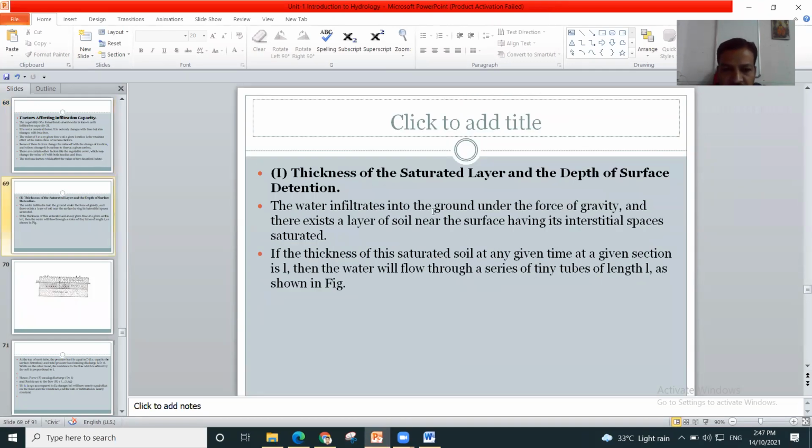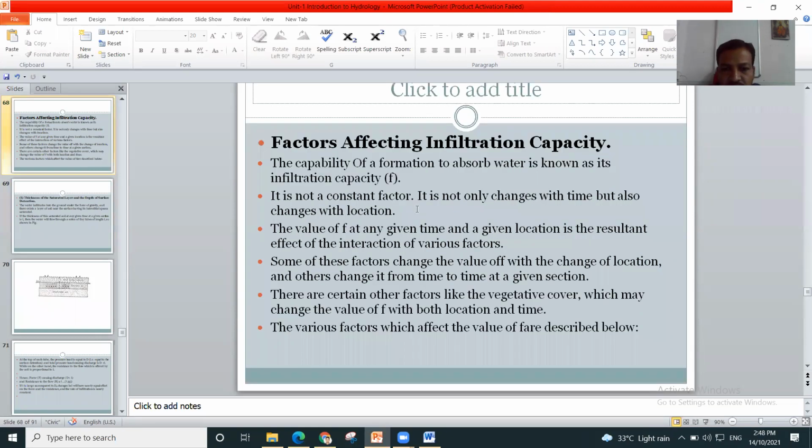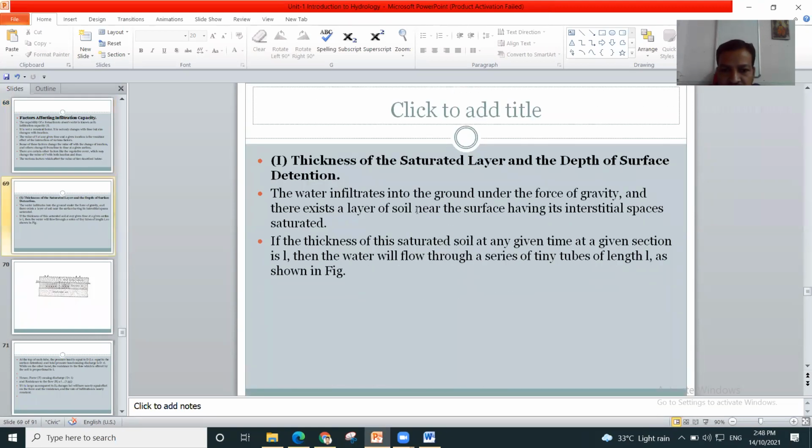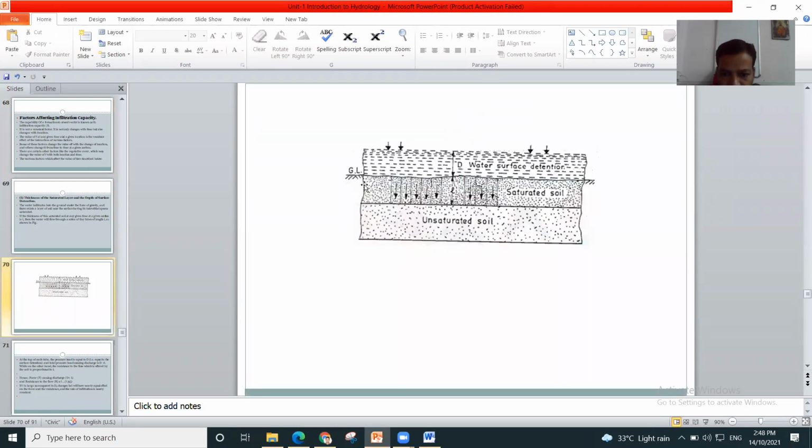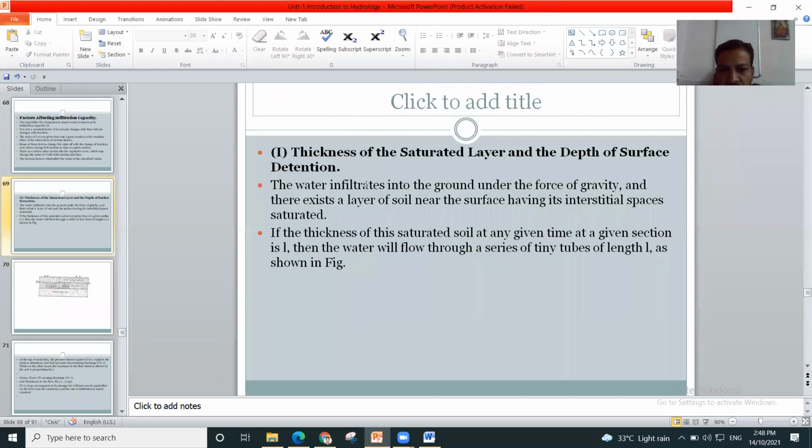There are various factors affecting infiltration capacity: thickness of saturated layer and depth of surface detention.